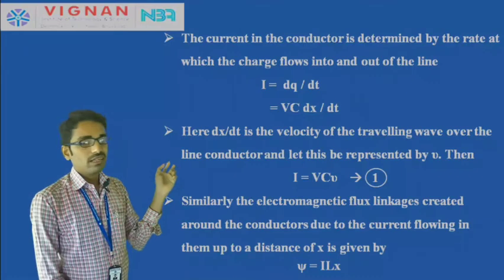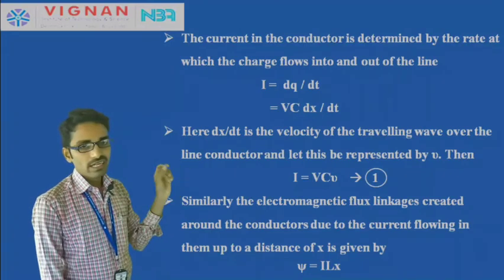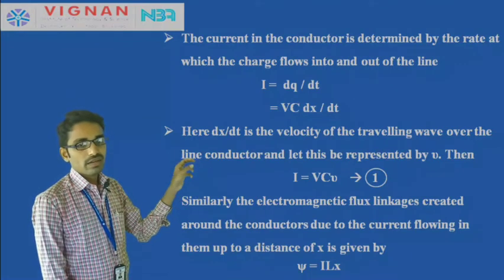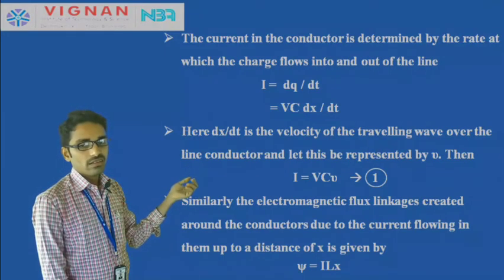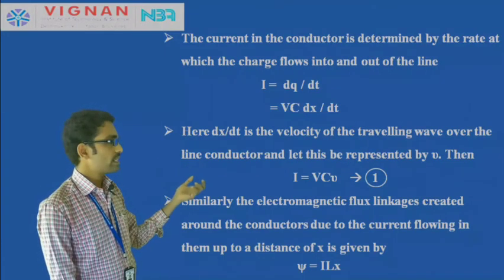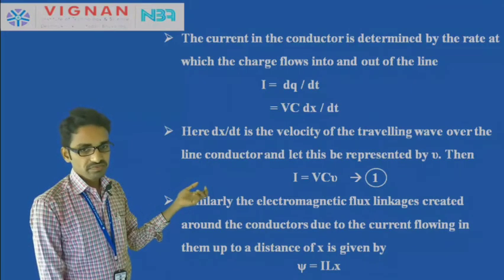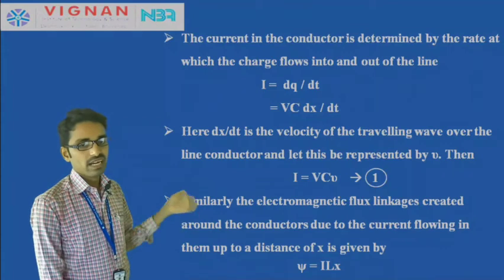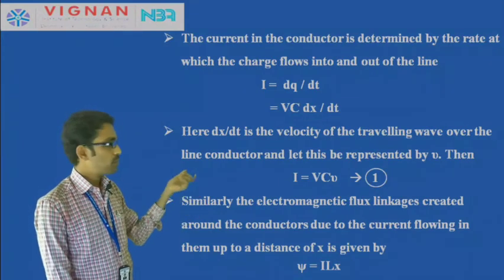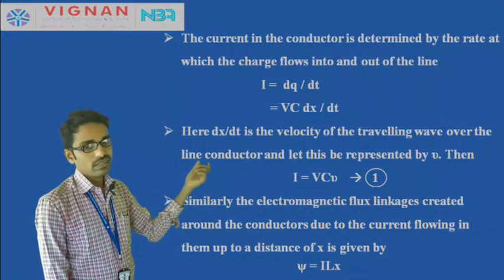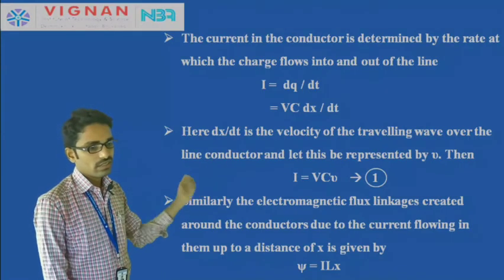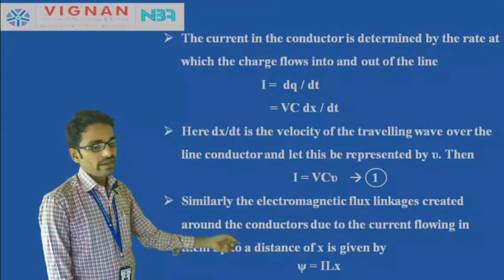Similarly, we have calculated the electrostatic flux; now the electromagnetic flux, the linkage created around the conductors by the current flowing through the inductor, up to a distance x, is psi equal to I L x.